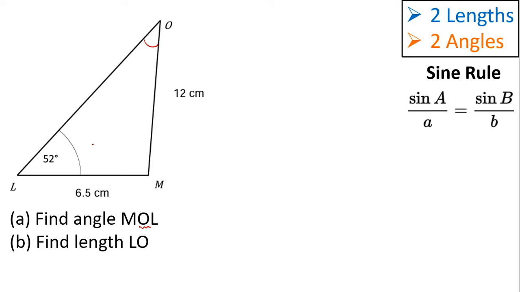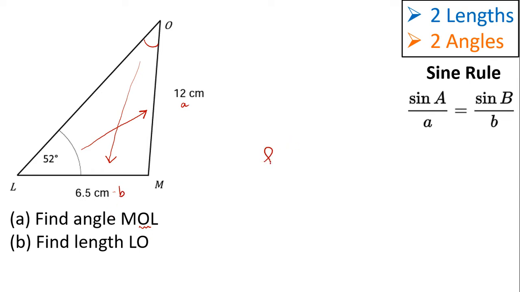So if this is my angle 52, if I'm taking this one as my angle A, then the length that corresponds to it becomes my small a. And if this is the angle I have to find, and if I take it as my angle B, the capital B, the length that is right opposite to that becomes my small b.